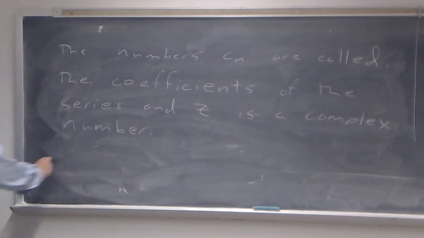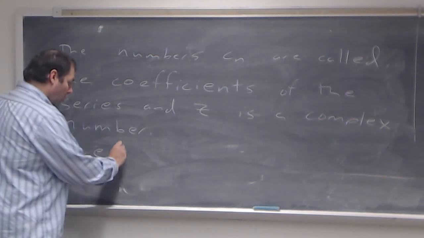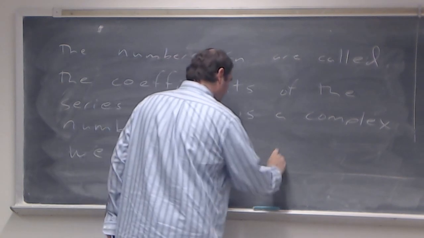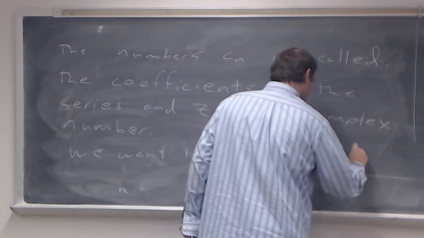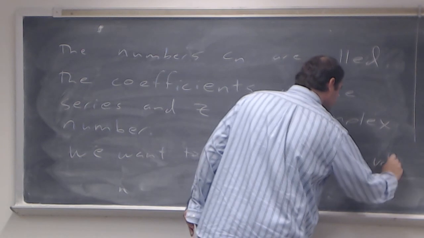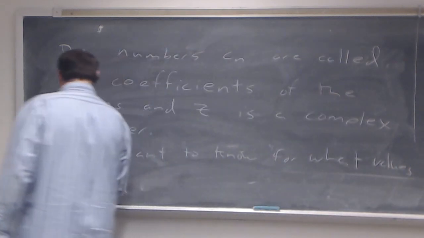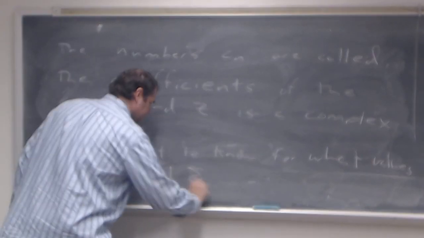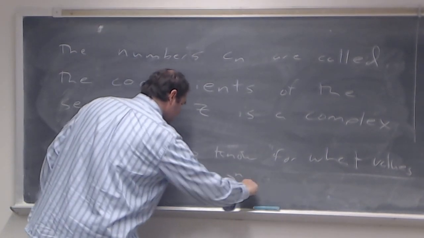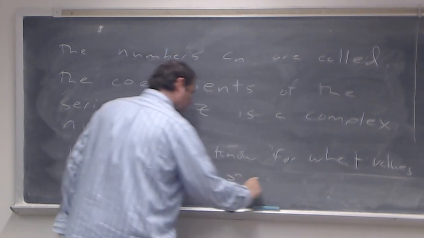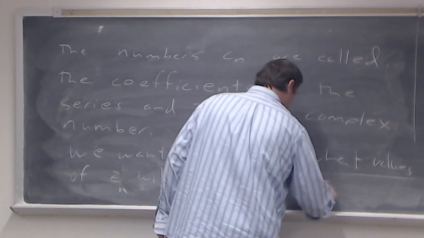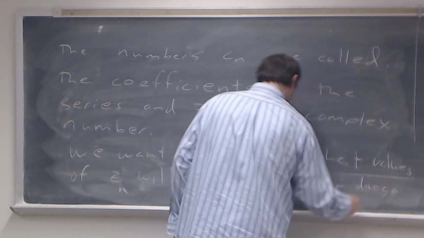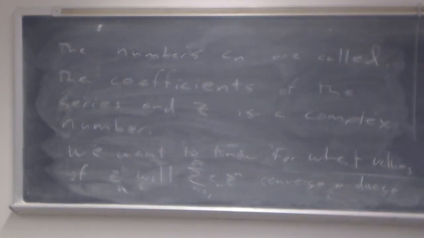What we're going to be concerned about, what we want to know, for what values of z will this power series converge or diverge. But we're really interested in convergence. And if it doesn't converge, it diverges.